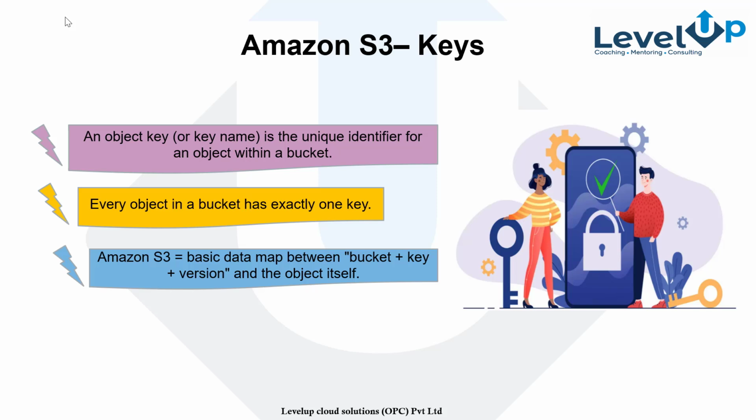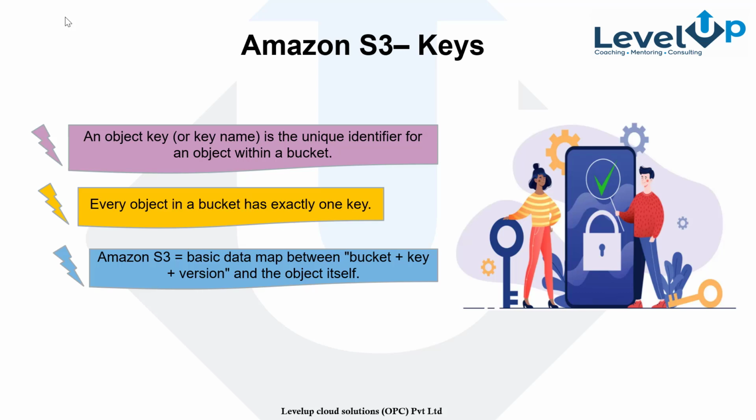Every object will get a key. That is a unique identifier. Every object in a bucket has exactly one key, and it will be unique. Amazon S3 maps the bucket plus key plus version to the object itself.